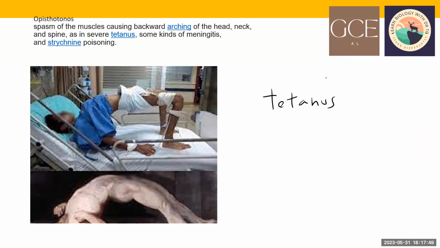Now, probably all of us are aware, if we cut our body with a rusty object, maybe a rusty nail or knife, then in these kinds of places Clostridium tetani can live.